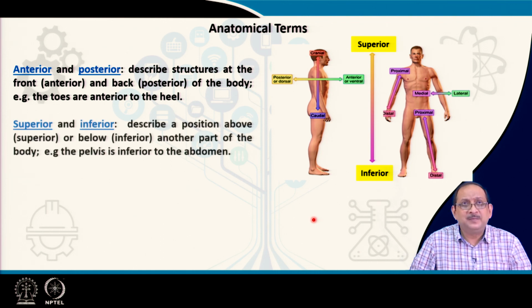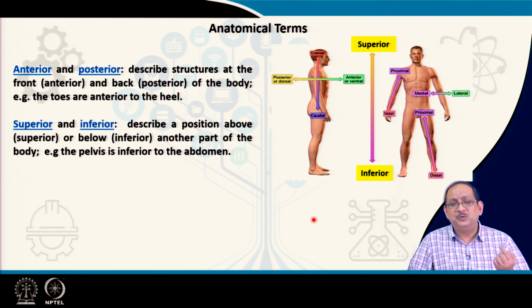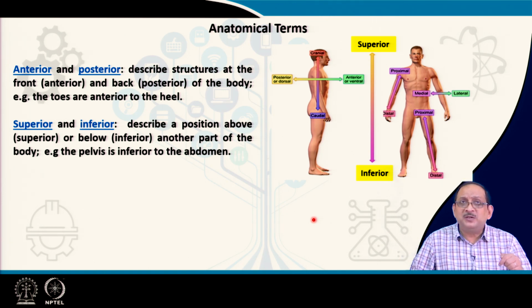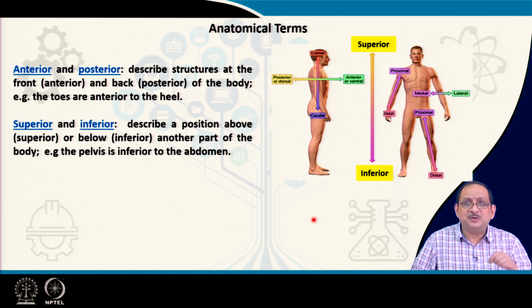The superior and inferior describe a position which is above, towards the top, which is superior, and towards the bottom or below is known as inferior to another part of the body. An example is the pelvis is inferior to the abdomen.